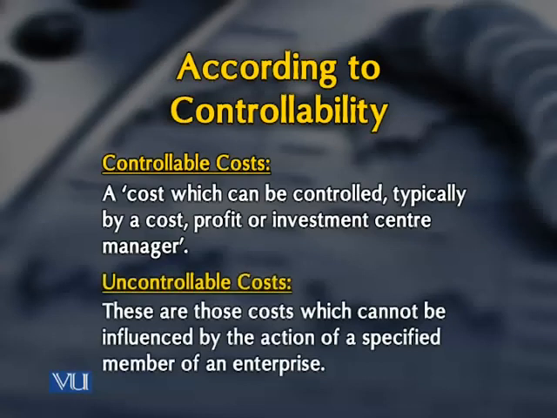Uncontrollable costs are those costs which cannot be influenced by the action of a specified member of an enterprise, but maybe are beyond the individual, maybe at the administrative level that cost has been incurred. So we can only ask the in-charge of the department to explain or account for the controllable cost, and we cannot fix a responsibility which is not under his control.